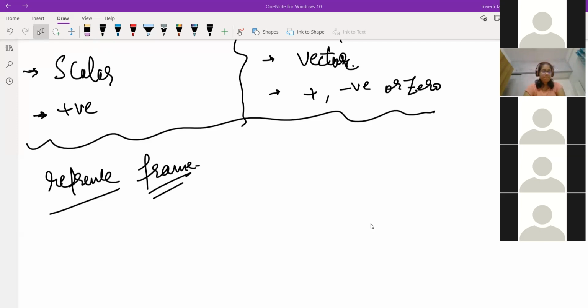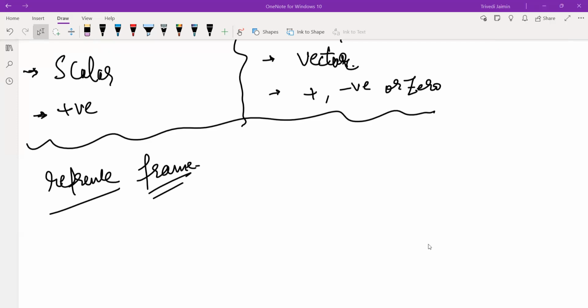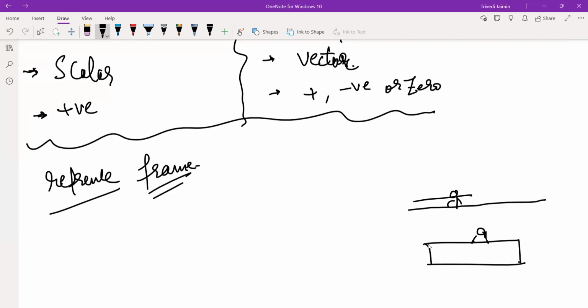Like the example I gave just now, we are standing on a platform and a train passes through us and some person is sitting there. So for us, everything is moving together. But for the train, the person is at rest. He is not moving. But for us, the person is moving. He is not at rest.